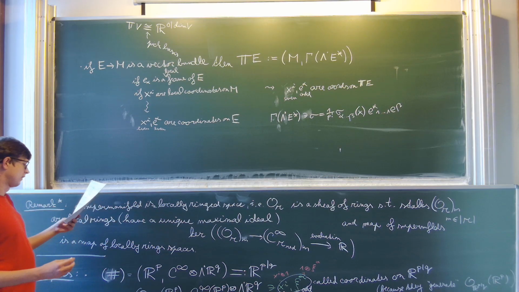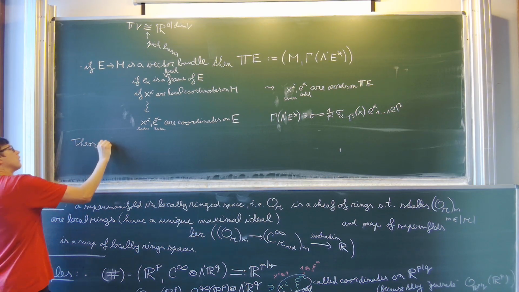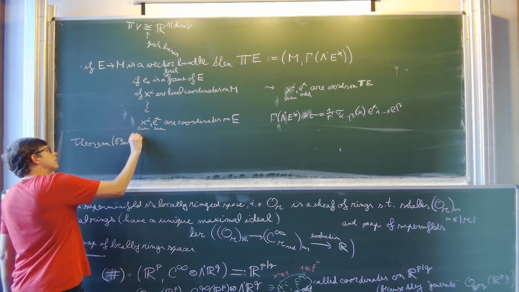Okay. There is a little bit of space, so let me just state the theorem, because I'm not going to prove it anyway. And this is the so-called Batchelor theorem.